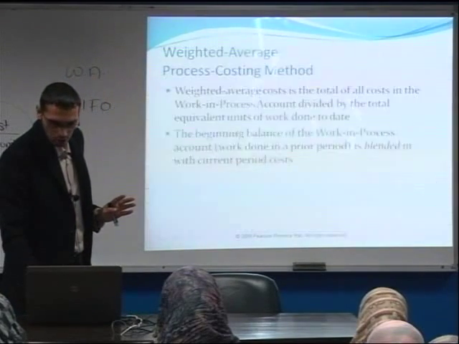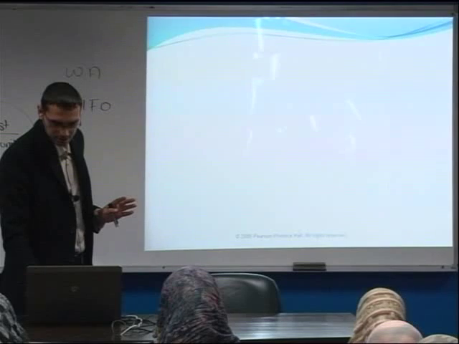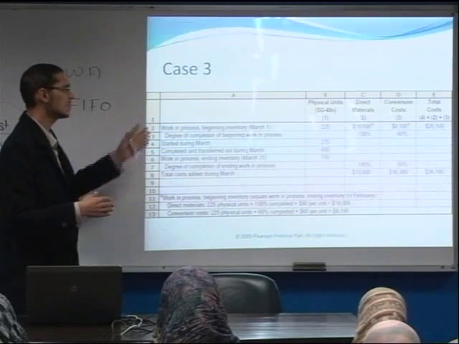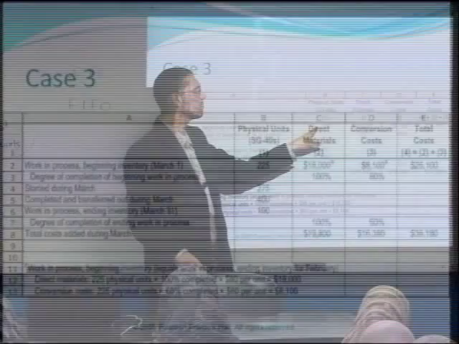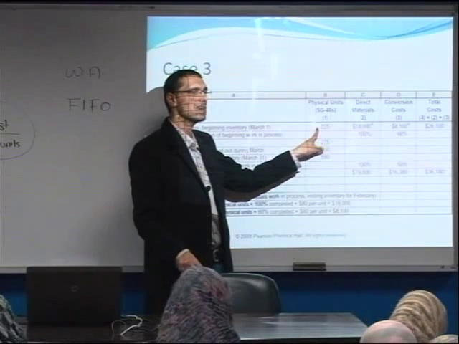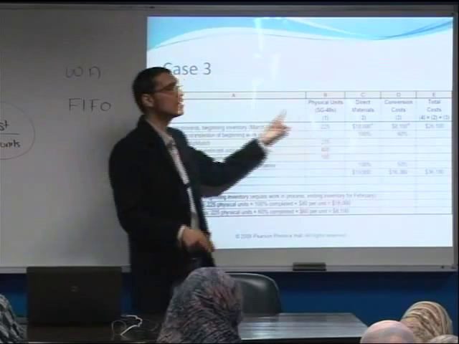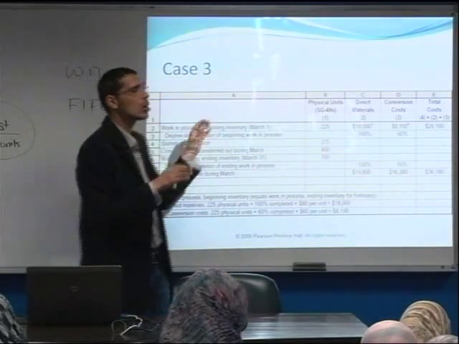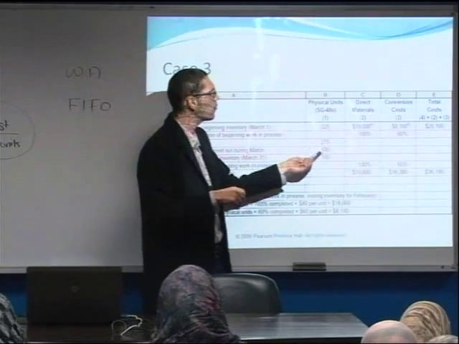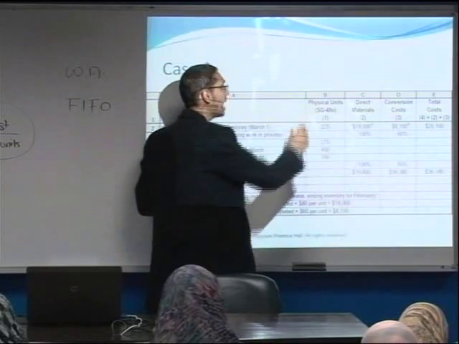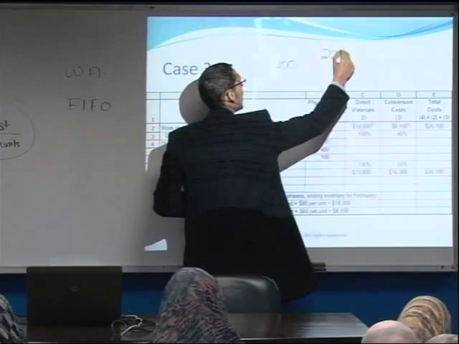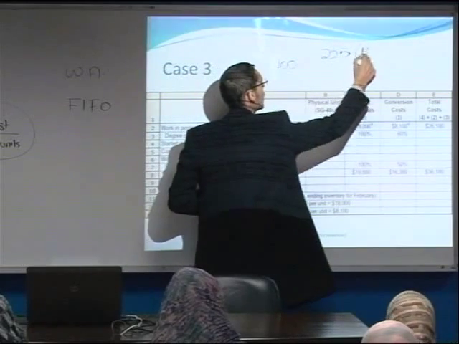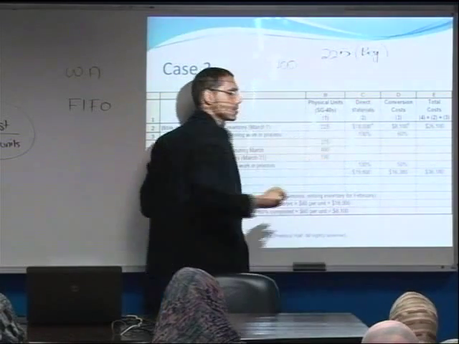As we can see from our case, let us take the data that was given by the case. We have 225 as beginning work in process. According to the first in, first out, we are going to assume that from the 400 units, 225 are from the beginning work in process.